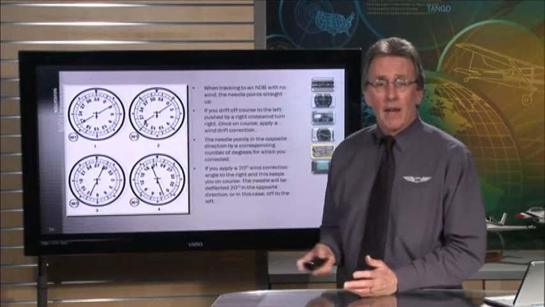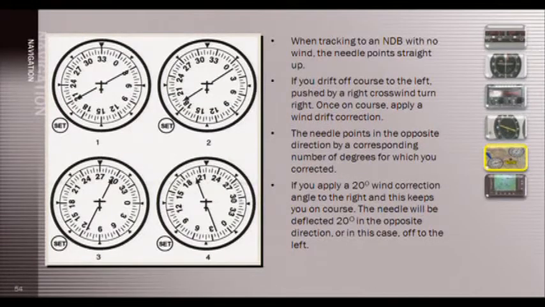Now, it's seldom, if ever, that you'll navigate on a bearing or a radial without having to correct for some type of wind drift. When you're tracking on an NDB with no wind, the needle is going to point straight up. Let's say you drift off course to the left, pushed there by a right crosswind. Once you're on course, you have to apply a wind drift correction.